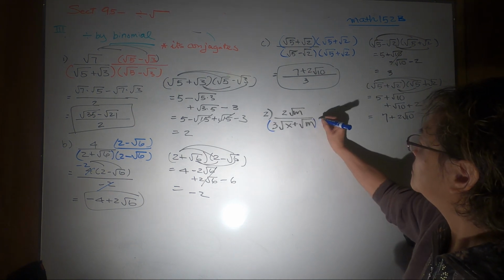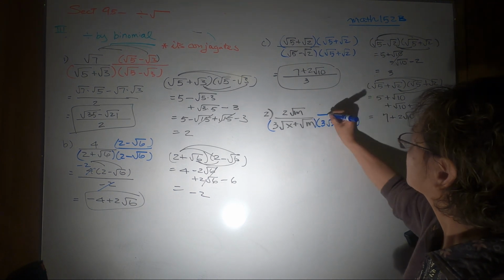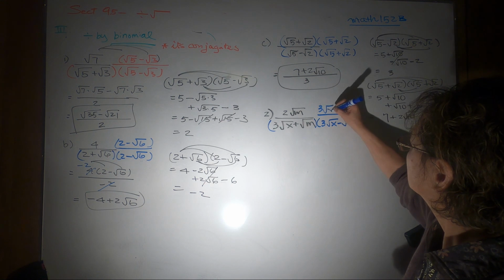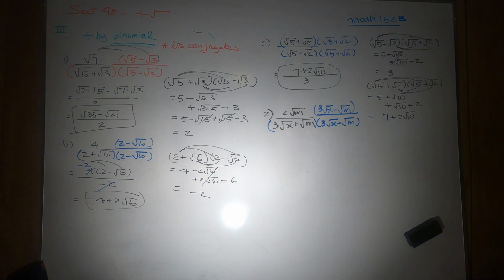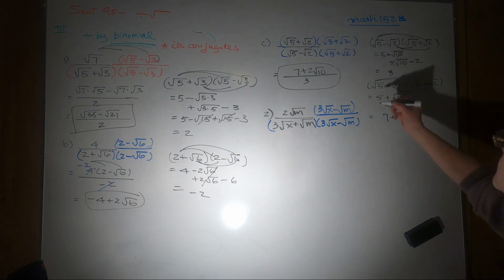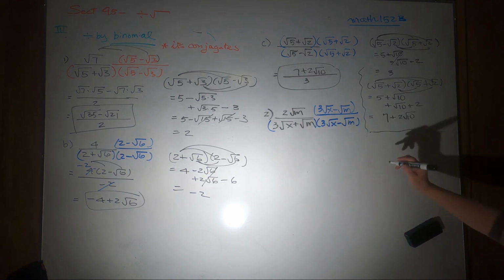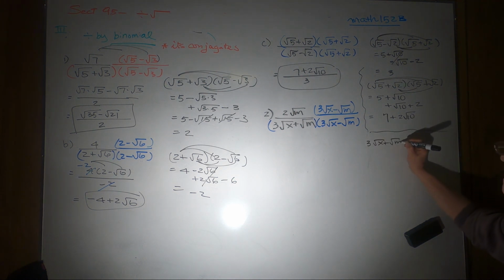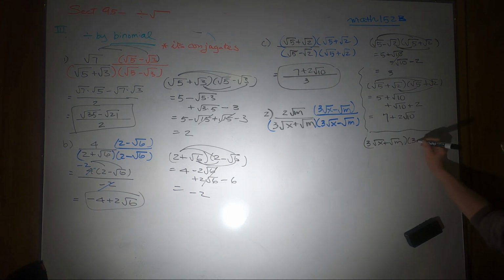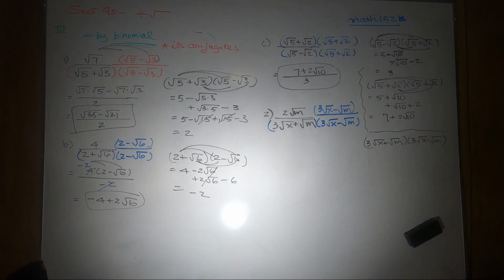For the binomial, we will multiply its conjugate. Right? Then, for the top, we check the bottom first, right? So 3 square root of x plus square root of m times its conjugate. The crazy things should go away, okay?